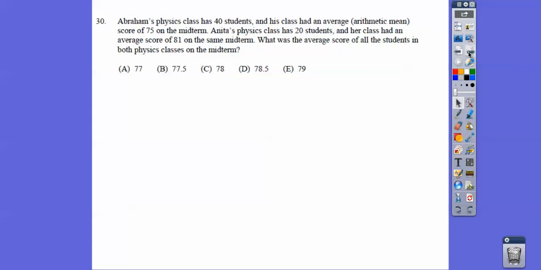Abraham's physics class has 40 students, and his class has an average of 75. So the sum of their scores is going to be 40 times 75. Anita's class has 20 students and their average is 81, so the sum of their scores is going to be 20 times 81. What's the average of all the students?